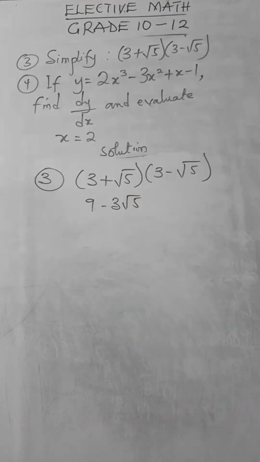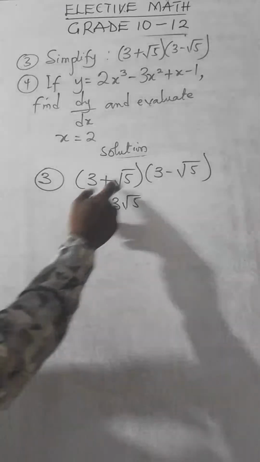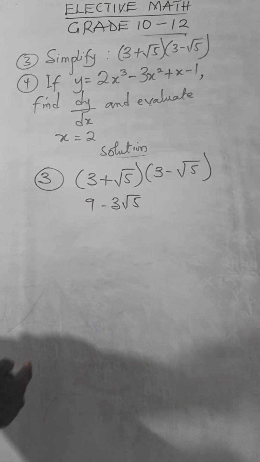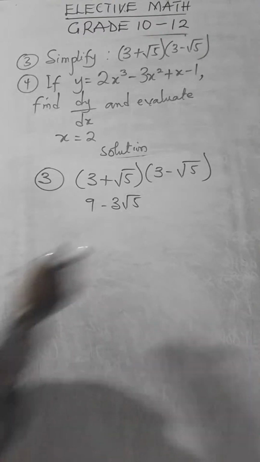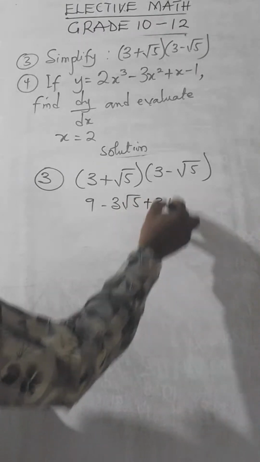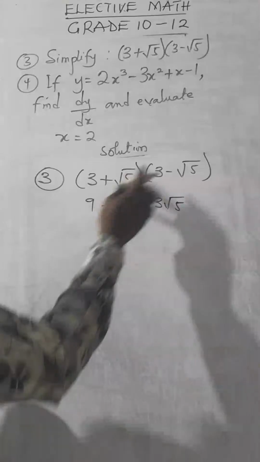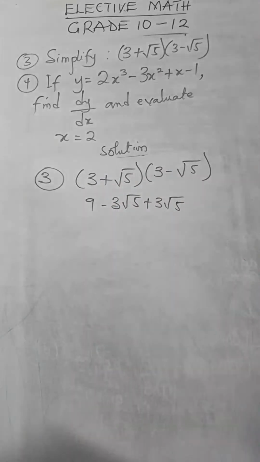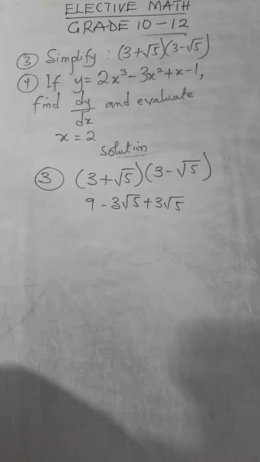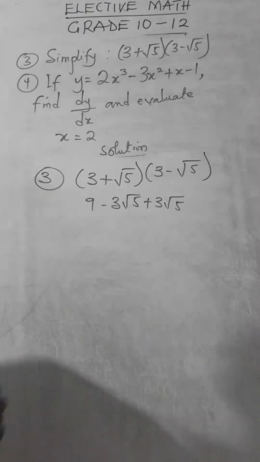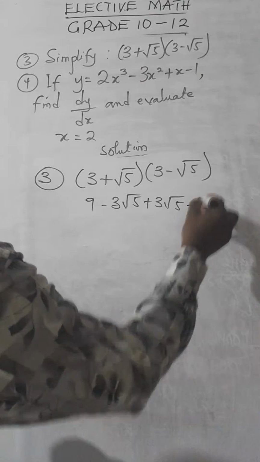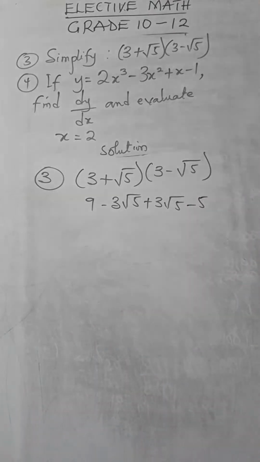Root 5 by 3 gives us plus 3 root 5, with the 3 attached to the root 5 there. Then we have root 5 by root 5, that is 5.